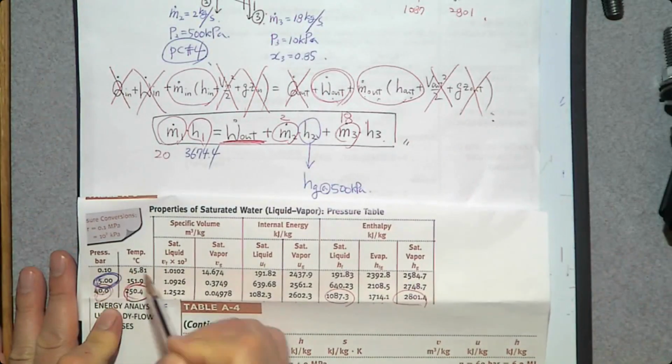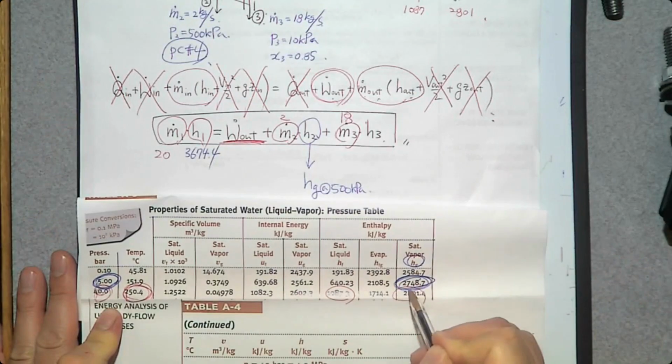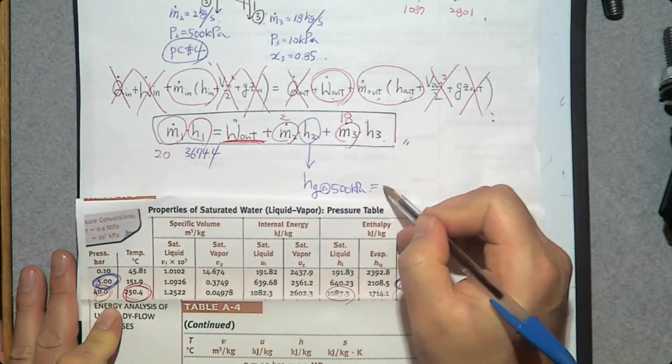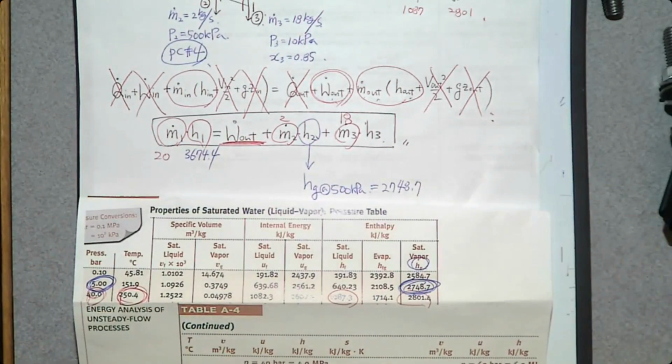At 500 kilopascal, Hg is this one, 2748.7. Okay, no problem. The last one, number 3.